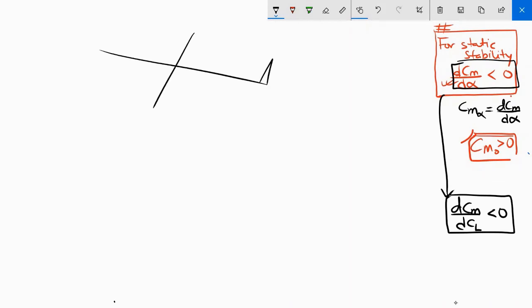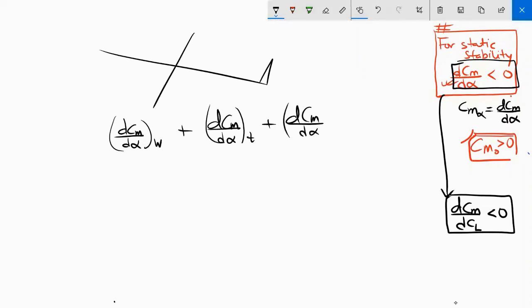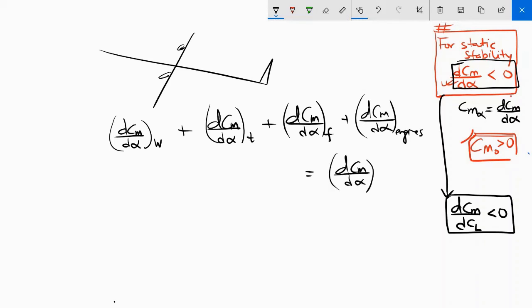So you could find this dCm d alpha of the wing, dCm d alpha of the tail, dCm d alpha of the fuselage, and let's say there are engines as well, dCm d alpha from the engines, and this is equal to dCm d alpha of the entire aircraft.